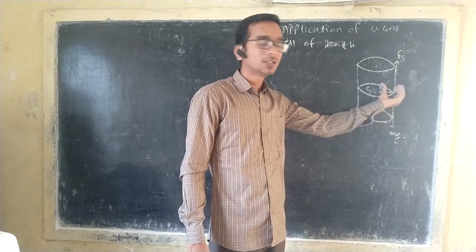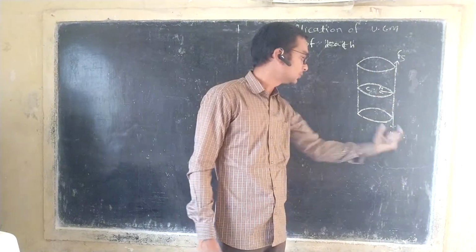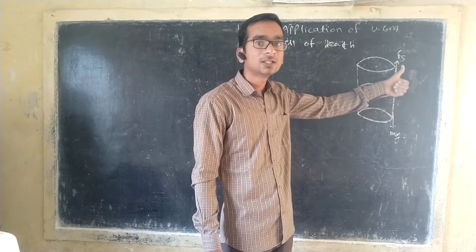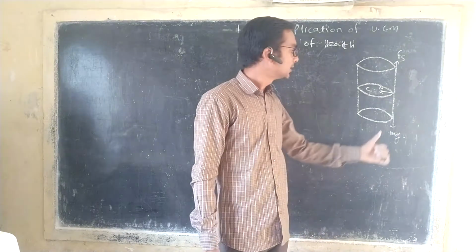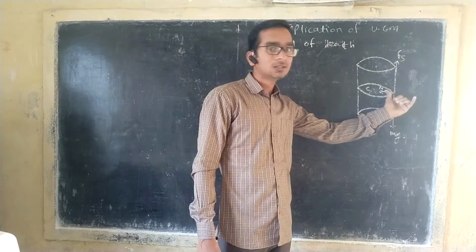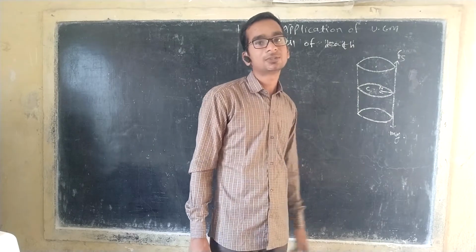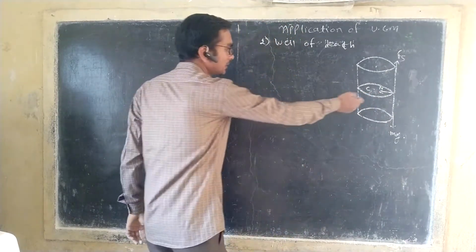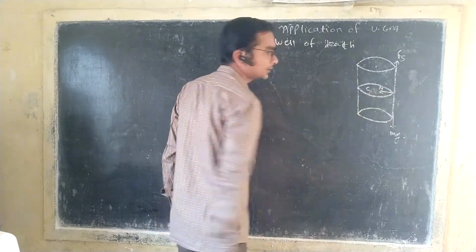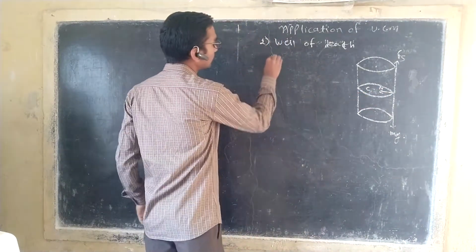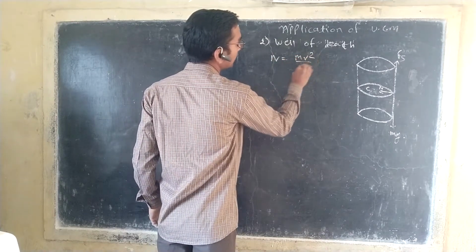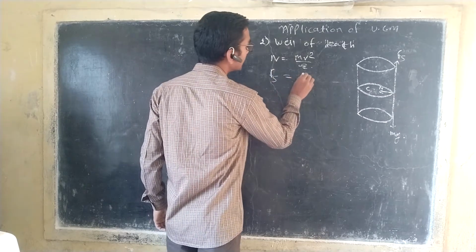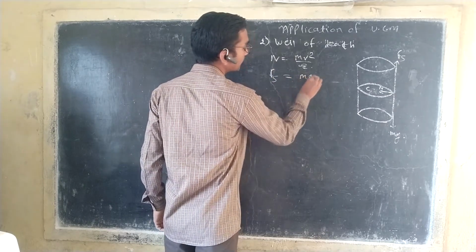In that state the weight of the vehicle acts downwards, mg, and the frictional force is in the upward direction, Fs, and the normal reaction is towards the center of this cylinder. This normal reaction gives the necessary centripetal force, and the frictional force will balance the weight of the vehicle.